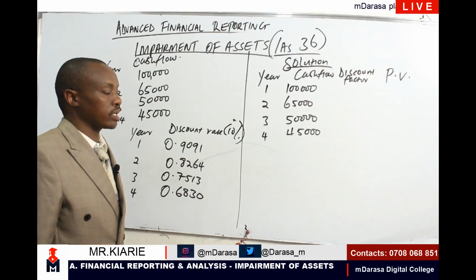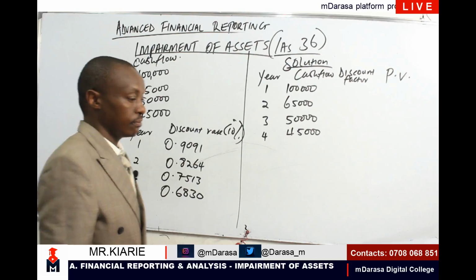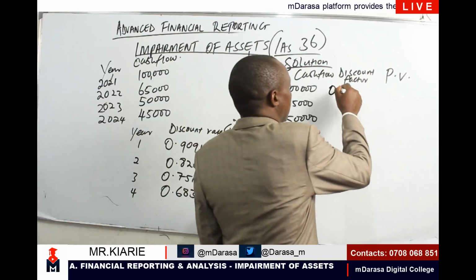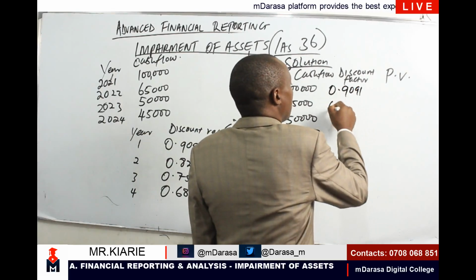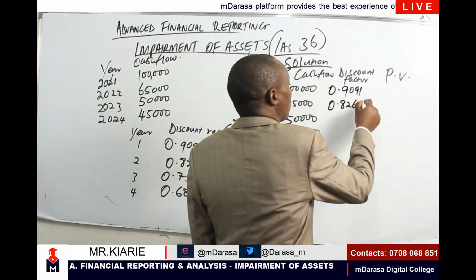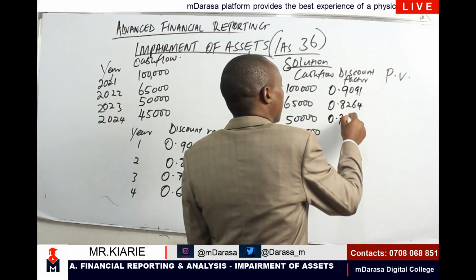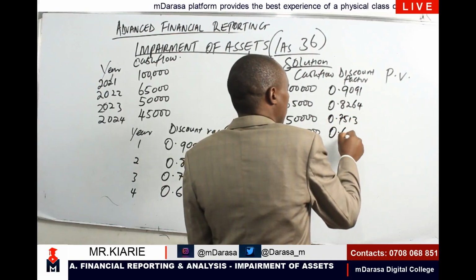The discount factor has been given: 0.9091, 0.8264, 0.7513, and 0.6830.